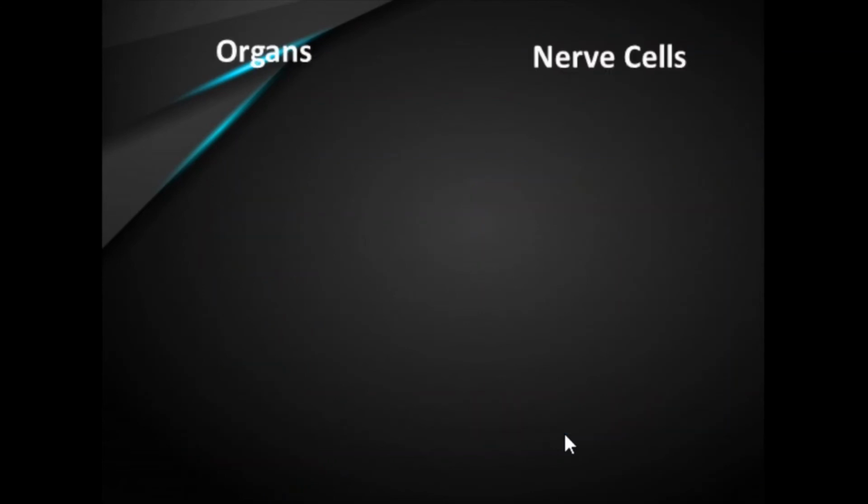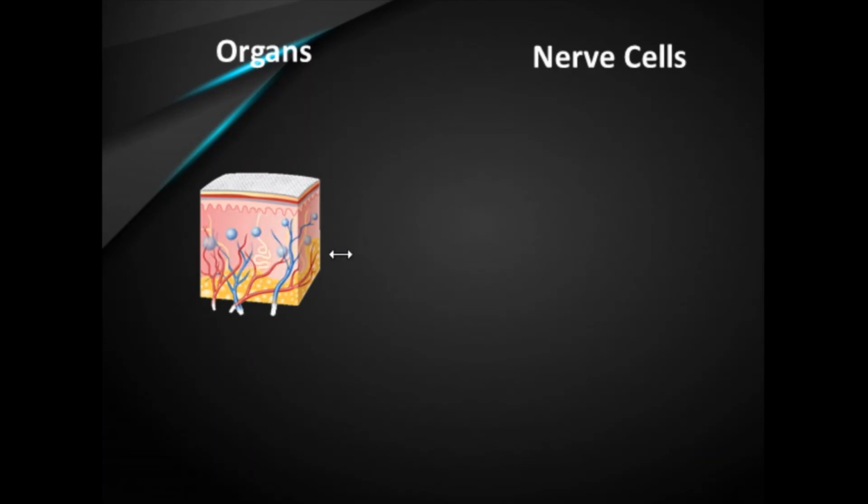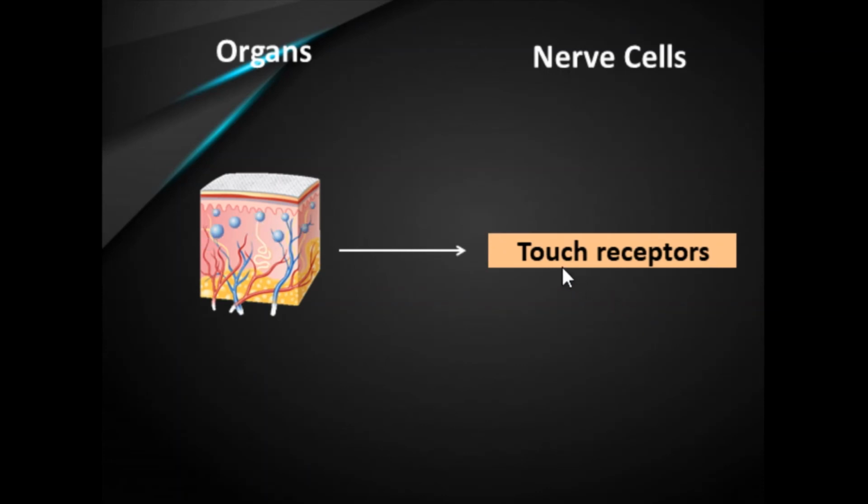Okay, and how about the last part? We have this one. What organ is this in our body? It is our skin, and the skin is for the sense of touch, and the nerve functioning is the touch receptors or skin receptors. There are a lot of kinds of skin receptors, but we will just generalize it so that it will be easier.